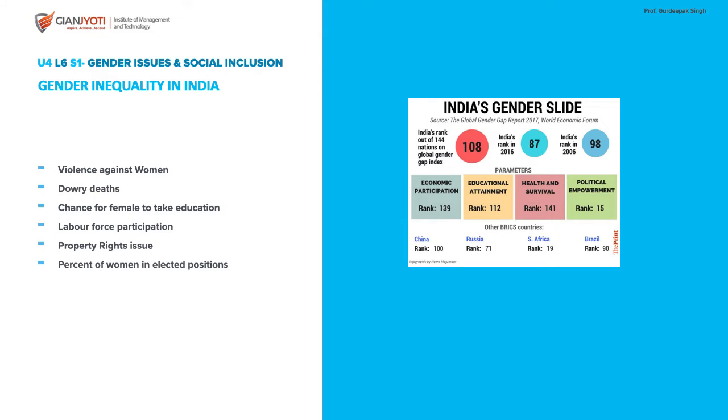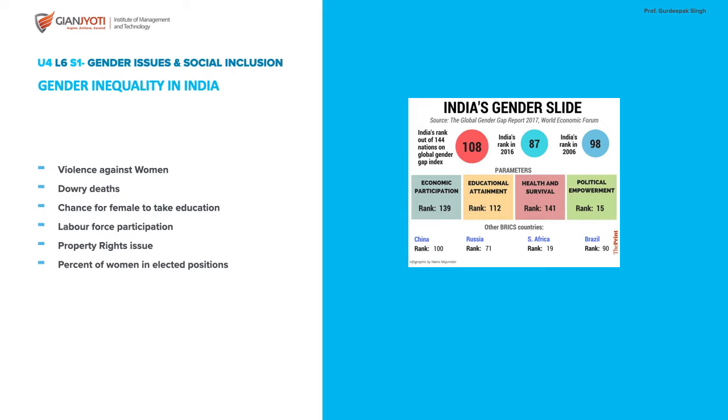So let us start. Let us talk about gender inequality in India. So when we talk about gender inequality, in our country we see a lot of violence against women, we see a lot of dowry deaths, and the opportunities for females to take up education is still a big challenge for our country.